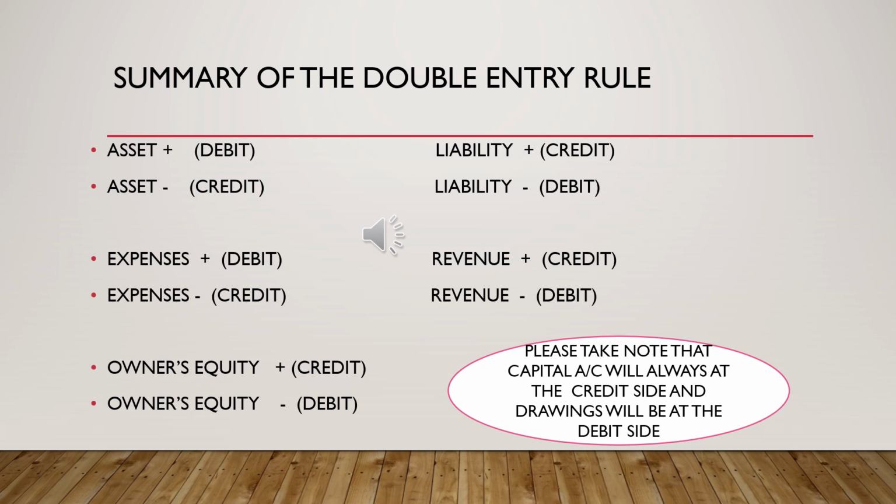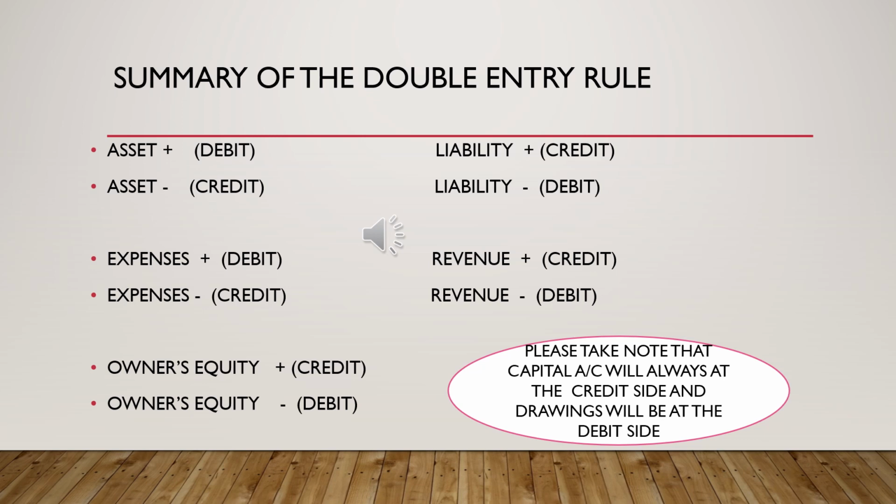Okay, the following is the summary of the double entry rules. Item 1, assets. Increase in asset needs to be recorded at the debit side. Meanwhile, decrease in asset needs to be recorded at the credit side. Expense. Increase in expense needs to be recorded at the debit side. Meanwhile, decrease in expense needs to be recorded at the credit side.